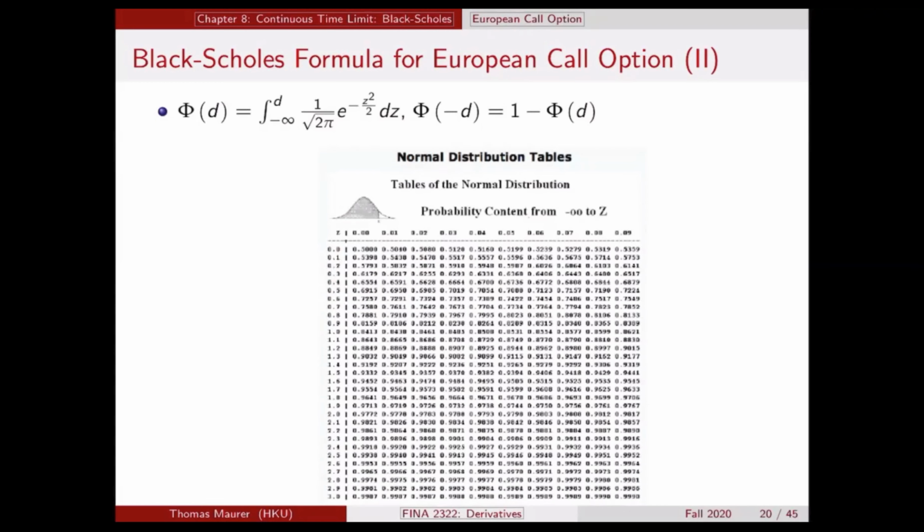Now notice that this table only gives you probabilities for these threshold values d's which are larger than 0, ranging from 0 all the way to 3.09, at which case you have almost 100% probability. Now, how do you figure out the probability of a standard normally distributed variable being smaller than, let's say, some value -1?